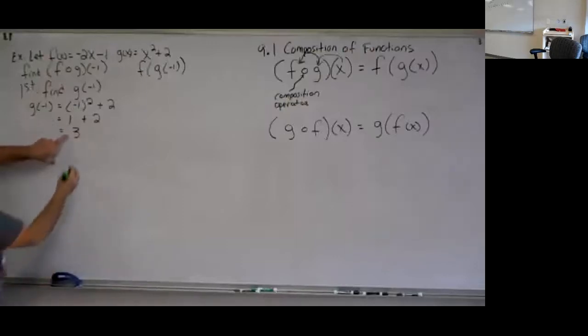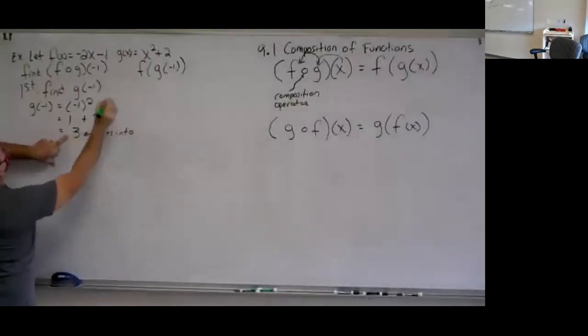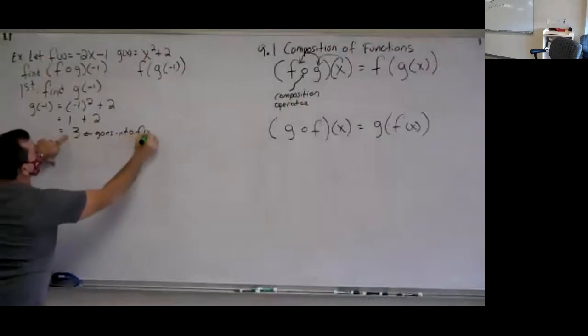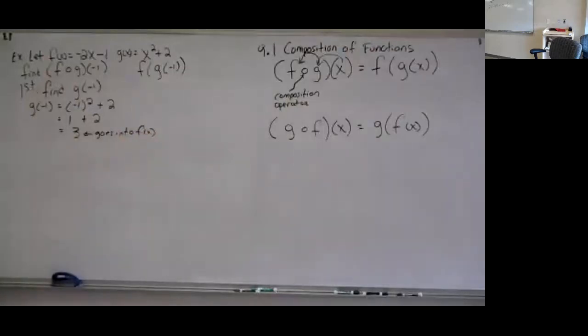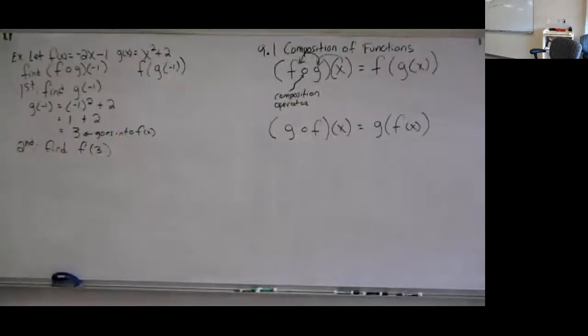So now this 3 goes into my F of X, which means the second thing I'm going to find is F of 3. Does it make sense? I found a negative 1, put it into my G, that gave me a 3. So that means now we're finding F of 3.